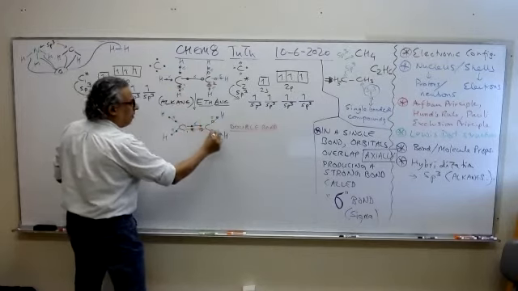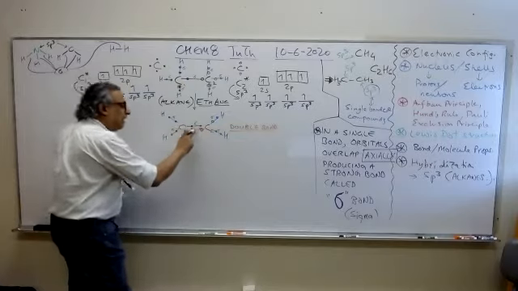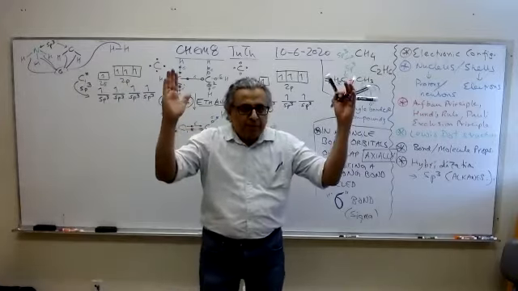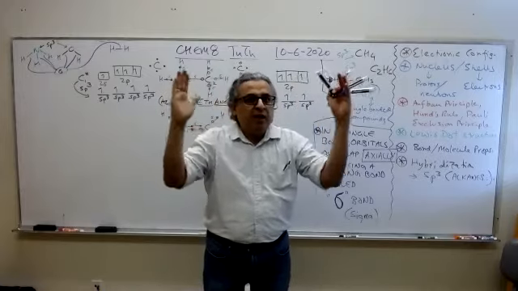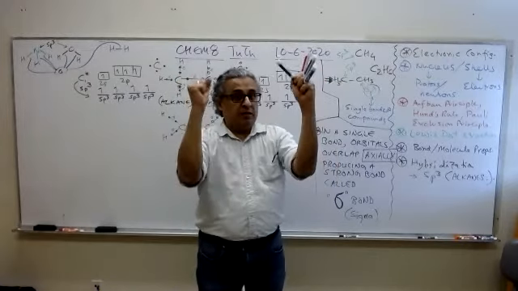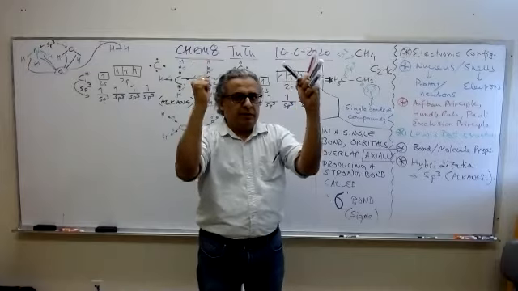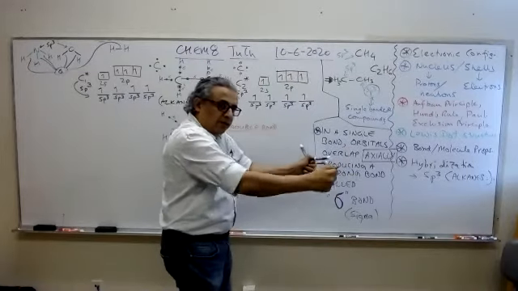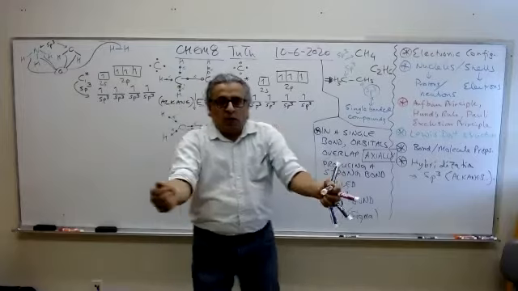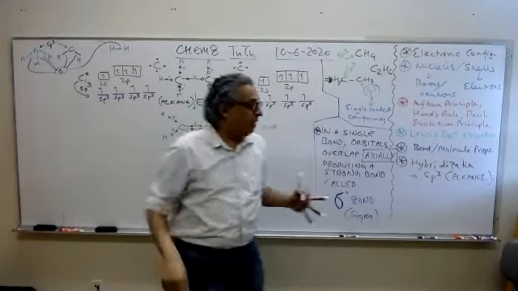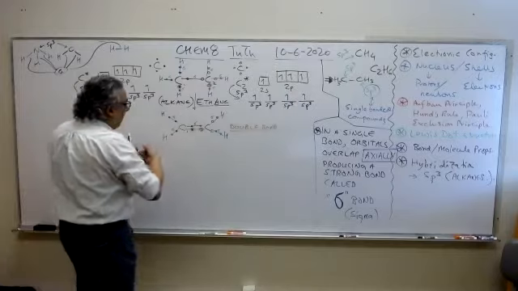I misspoke earlier. This is a sigma bond, axial overlap. The second bond is not a sigma bond. It happens by bringing in unhybridized p orbitals, in whatever direction, z direction or y direction or x direction. Okay, x direction will be this way, y direction will be this way, z direction will be this way. So this is a pi bond.